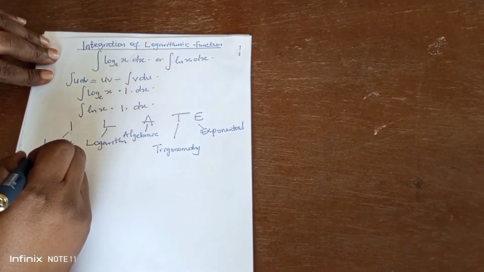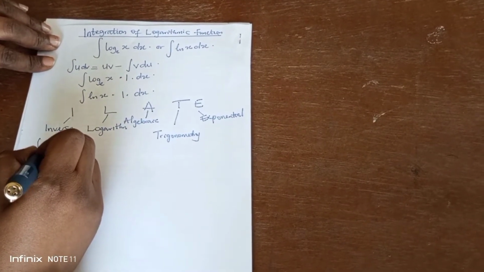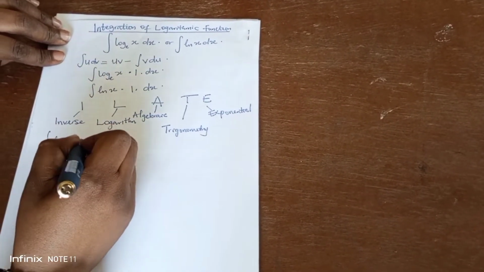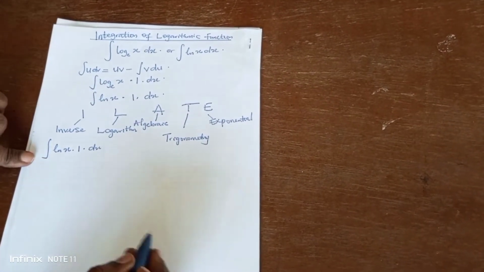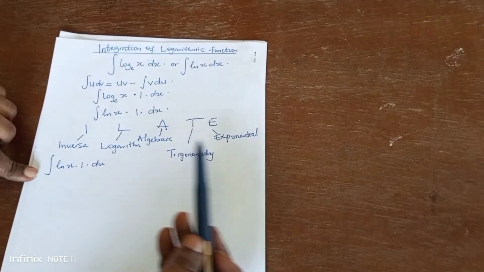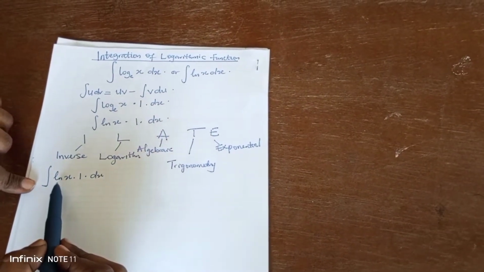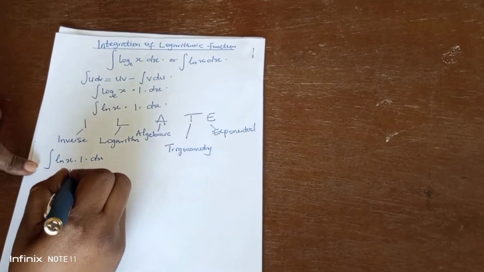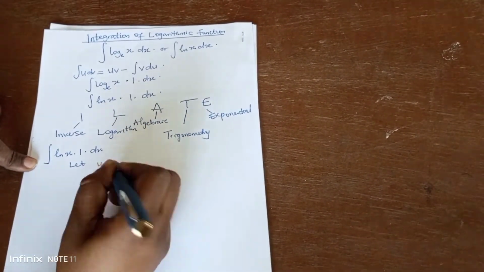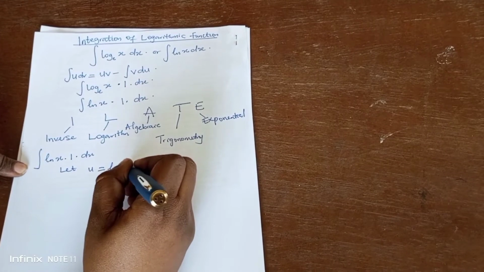So back to this one, the integral of ln x multiplied by 1 dx. Now if you look at it, you see that there is no constant in the L position, so we are going to take ln x as our u. So let u be equal to ln x.